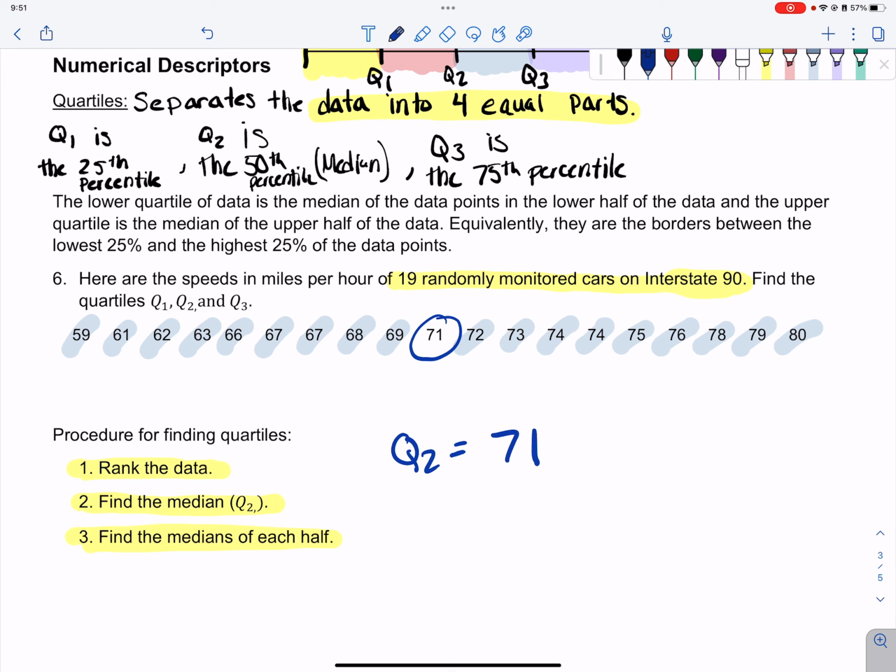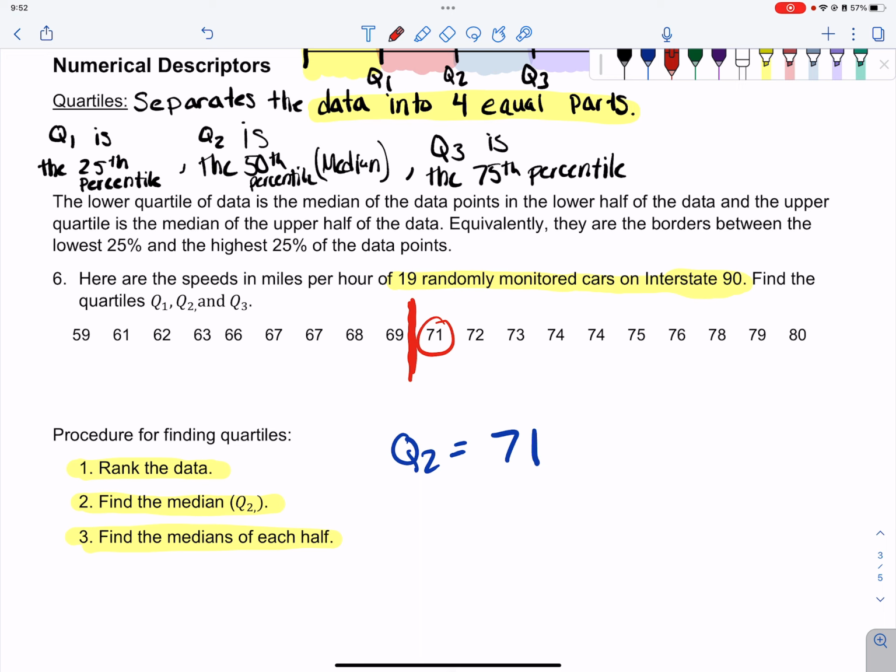Next, I want to break my data into the upper and lower halves so that I can find Q1 and Q3. That means I need to take all of my data values that are less than this median. So I'm circling my median, and I want to find everything less than the median, so I'm going to mark a barrier there.